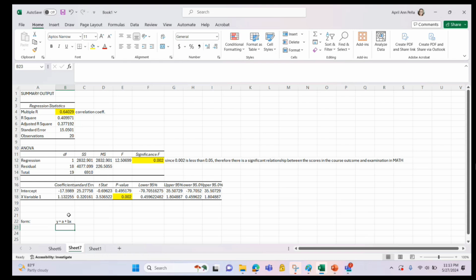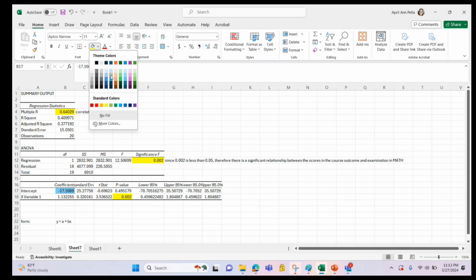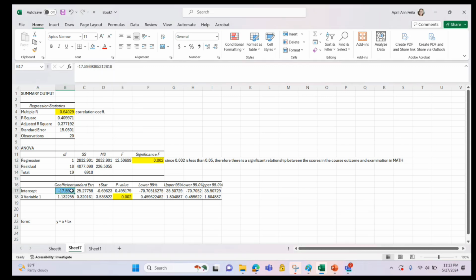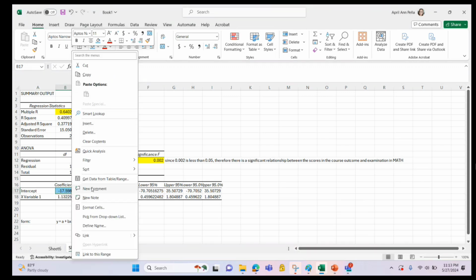Actually, the a is this, the value of the intercept. So intercept coefficients, this negative 17.5989. This is our A. I'll just color it blue.